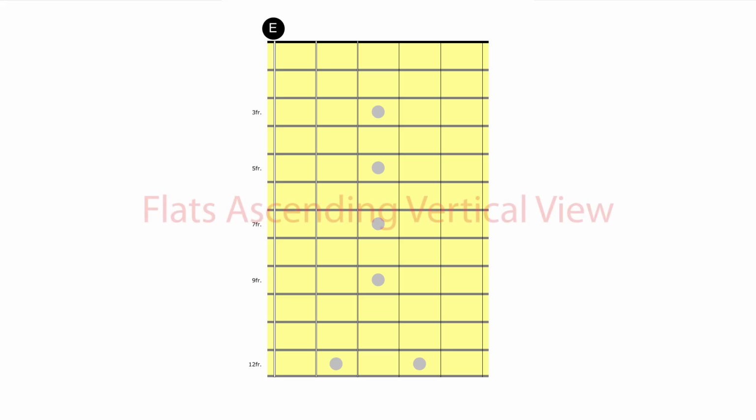Okay, now we're going to be doing our flats. We're going to name our flats going up the fretboard, ascending in pitch, higher in pitch. So we'll start back with our open E string again. Open E, one half step or semitone above E on the 1st fret is going to be F. One half step or semitone above F on the 2nd fret is going to be G flat.